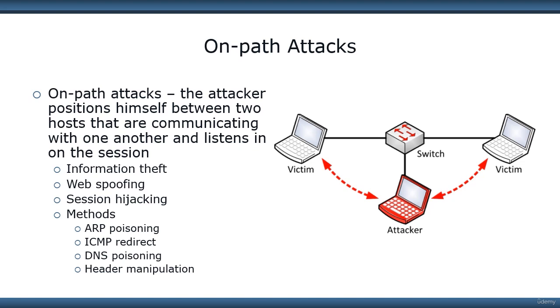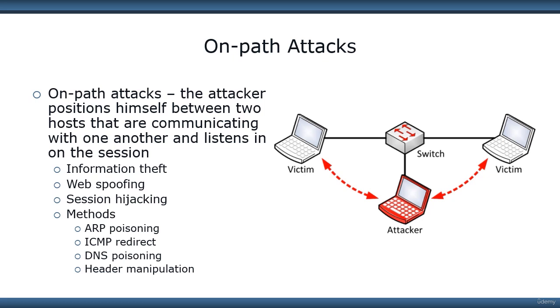Multiple methods for doing this: ARP poisoning, so that's poisoning the ARP cache that maintains IP address to MAC address mappings, and giving a bogus MAC address, or my MAC address, as opposed to the actual server's MAC. ICMP redirect uses the ICMP protocol to redirect echo requests, echo replies.